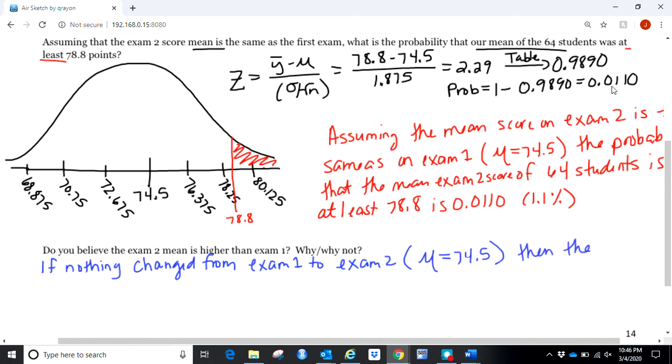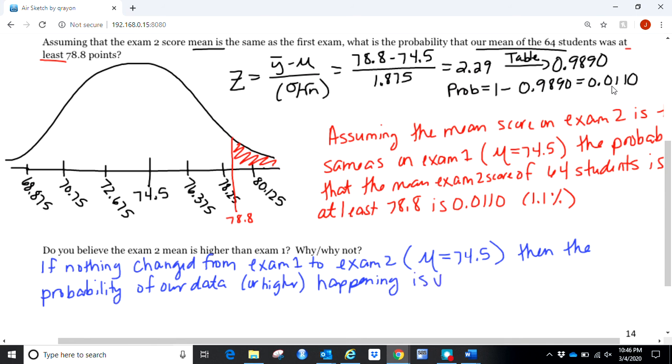Then the probability of our data happening is very unlikely.